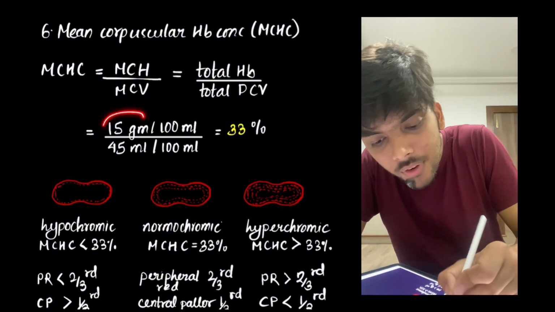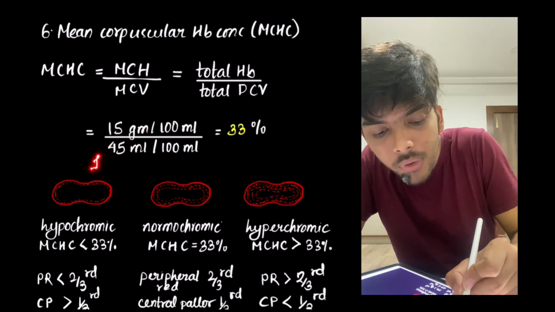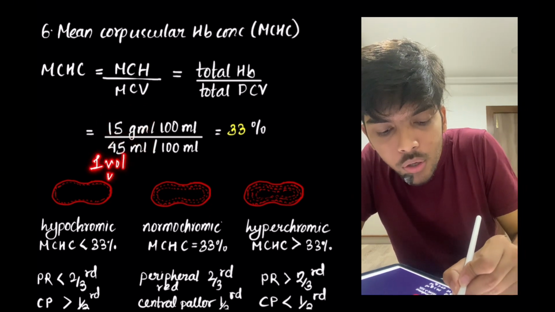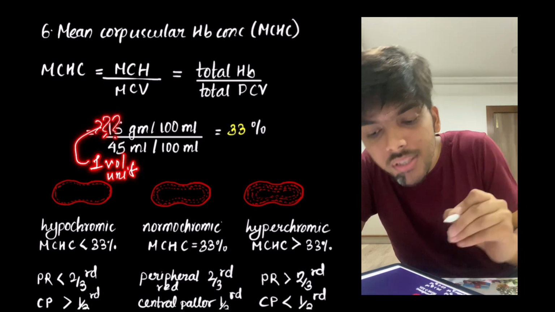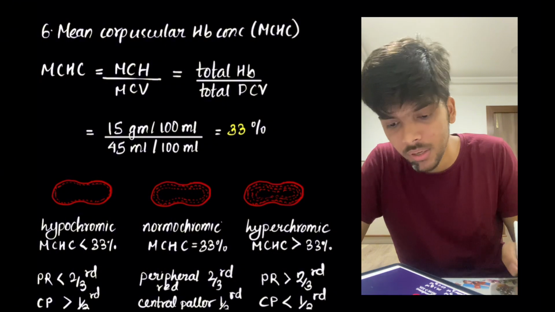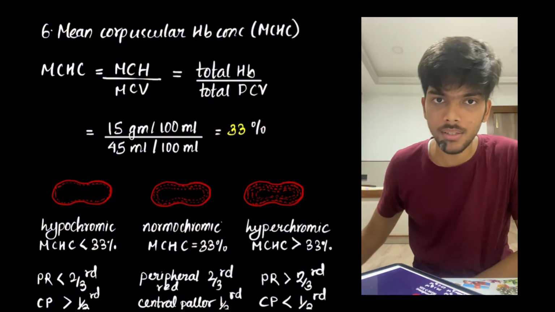So you divide 15 gram by 45 ml. So you are going to find in unit volume of red blood cell how much hemoglobin is there. That is hemoglobin concentration, and it comes out to be in percentage 33%.